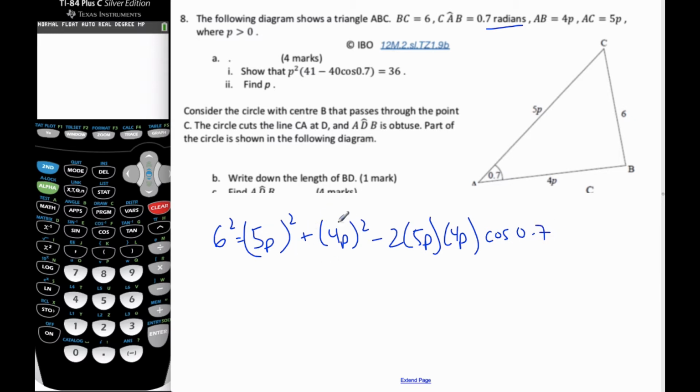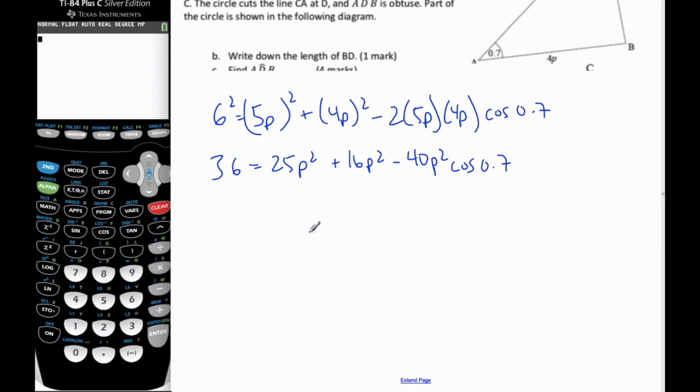And so if we work through this somewhat, this is going to be 36 is equal to 25p squared plus 16p squared minus, well, that's 20 times 2 is 40p squared, cosine 0.7. And so now I get this is equal to 25 and 36 minus 40 is going to be 31p squared.